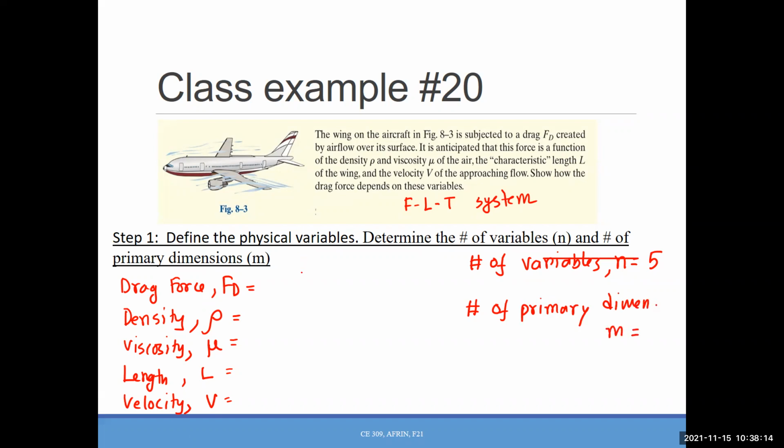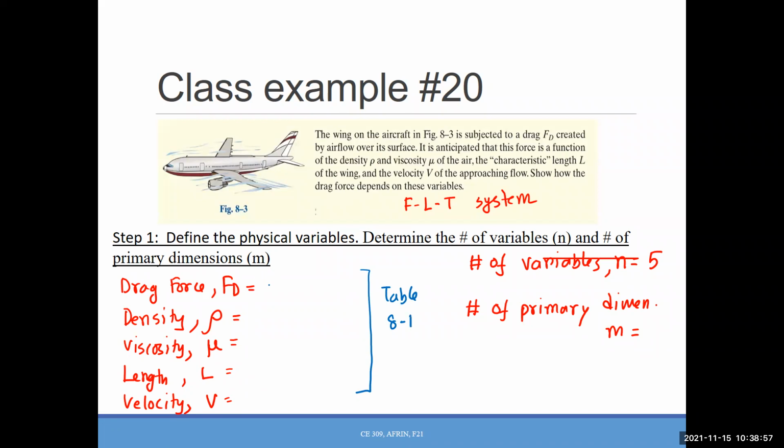Okay, so can you go to table 8.1 and tell me what will be the expression for FD, because I can't work with two screens here. In the FLT system, what will be the expression for FD? Go to table 8.1. Yeah, 8.1.